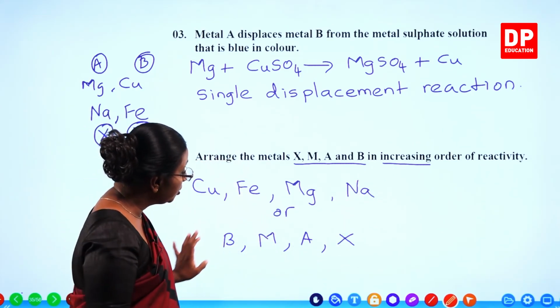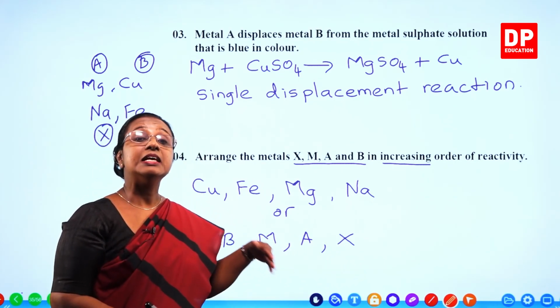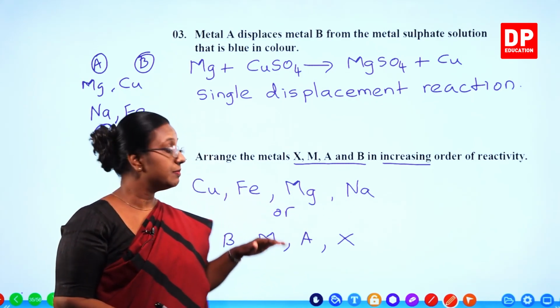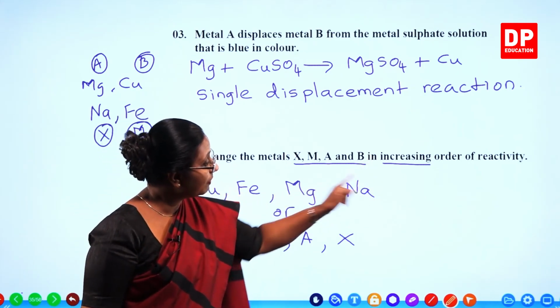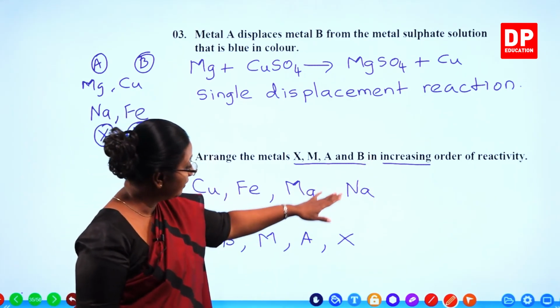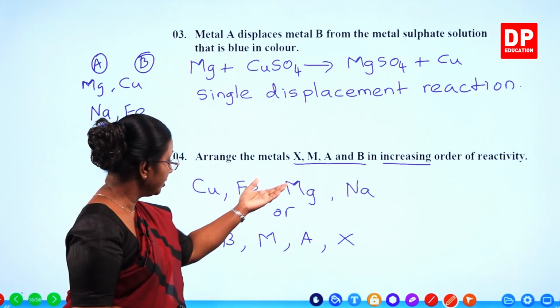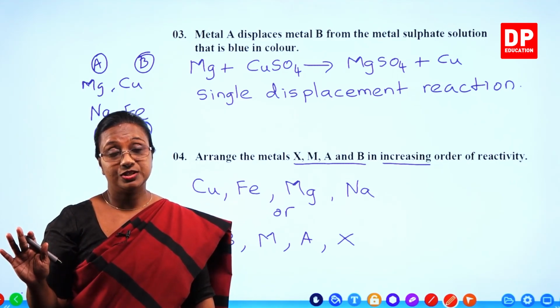Because in this question, they have not specified the order. If they say using the symbols given, you have to write this answer. If they tell you use the true symbols of the elements, you have to stick to this method. But since they have not mentioned anything like that, we can give either the true symbol or the letter given to you. Is that clear, students?